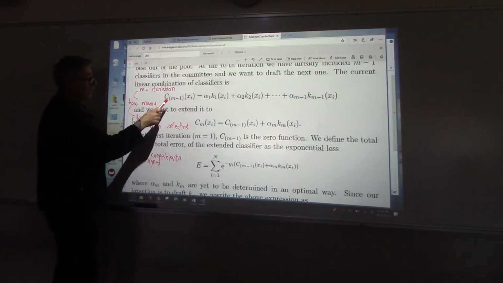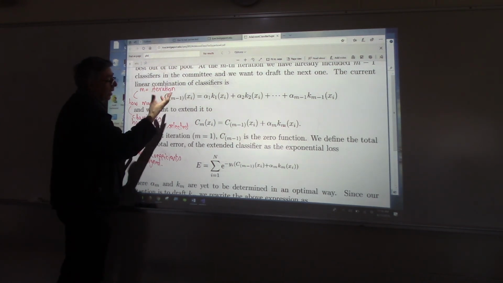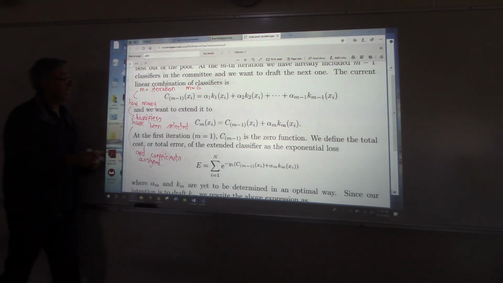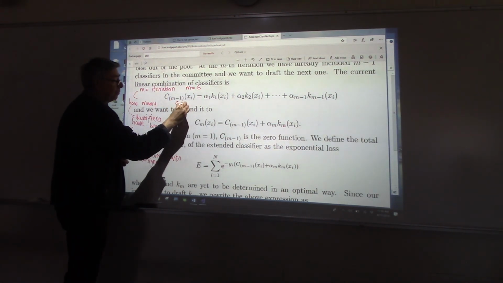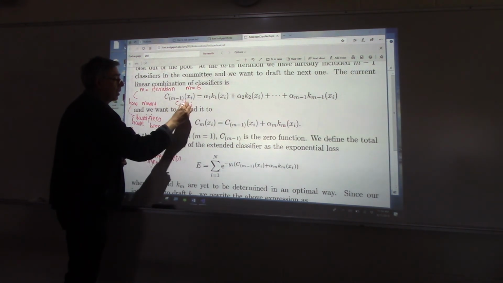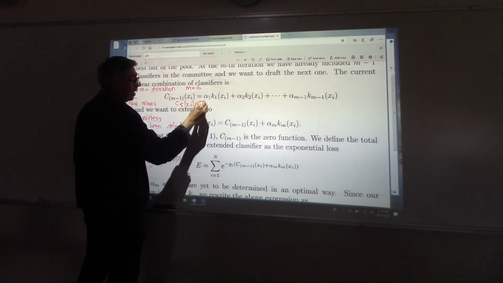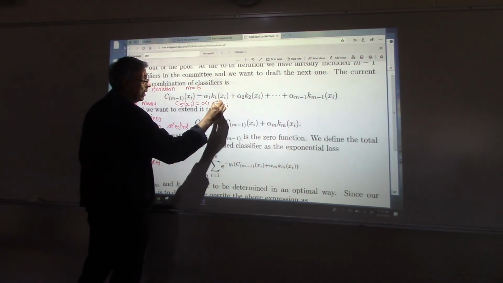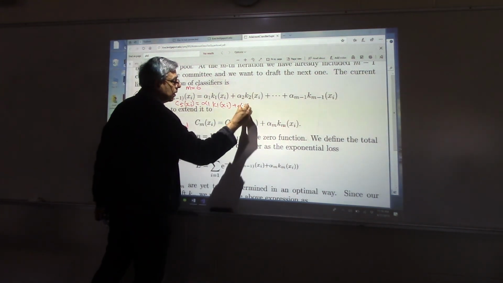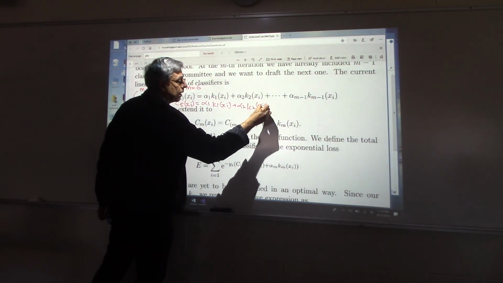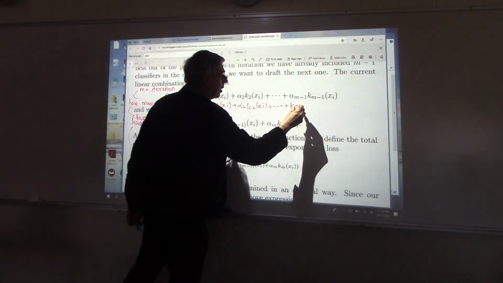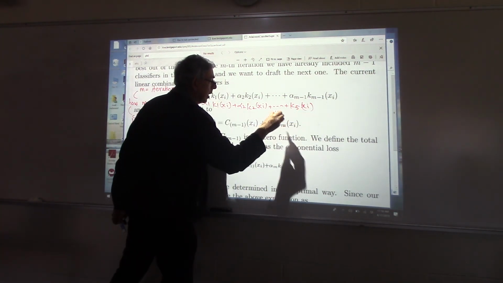Okay, so to understand it easily, let's pretend M is 6 right now. Okay, so as you can see, we have come up with C5 of x of i. So this will be alpha 1, K1 of x of i, plus alpha 2, K2 of x of i, and it will go up to K5 of x of i, and alpha 5.